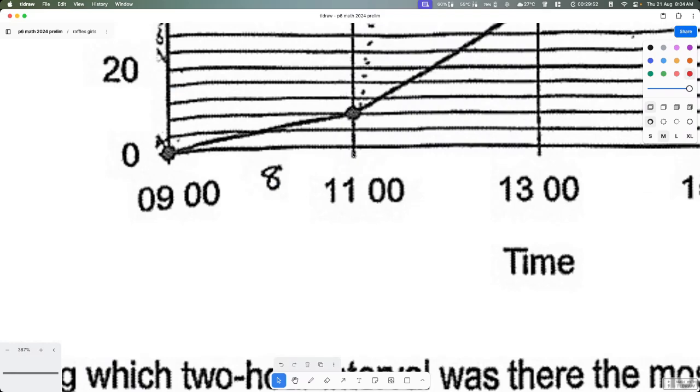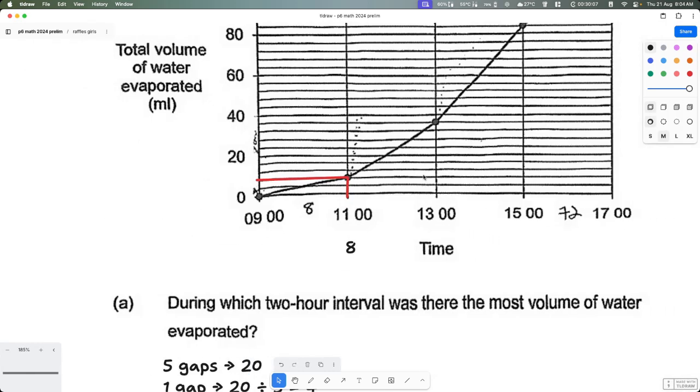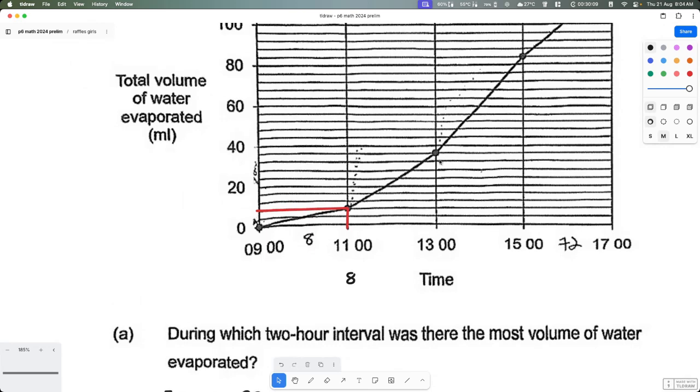So for 11 o'clock over here, it's a bit warped. So this is 8, right? Okay, let's move to the next one, which is 1 o'clock. Same thing over here.